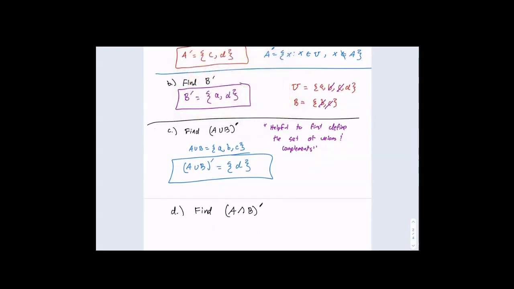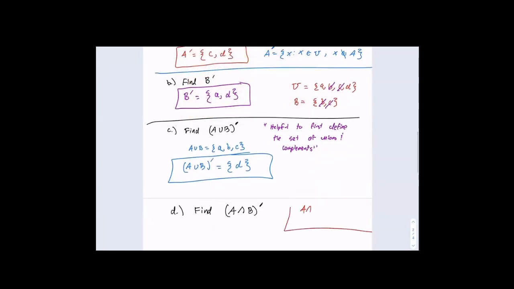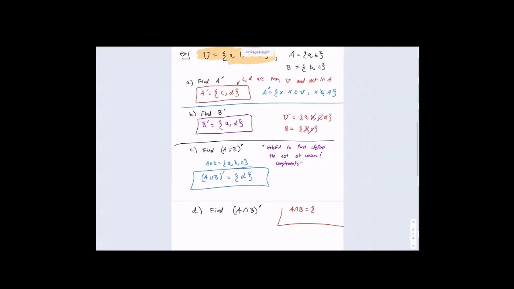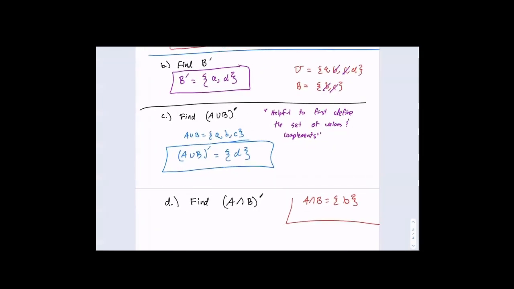Once again, it is helpful to first find A intersection B, which is not my answer to my problem. That would be B, the only thing that is in both sets, in set A and in set B.